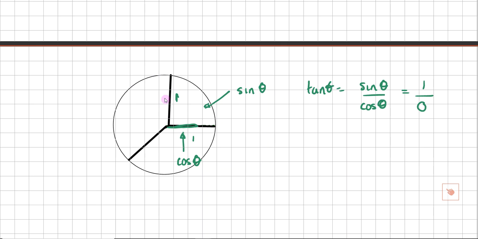Could you explain why tan of 270 is the next one that doesn't exist? Is that when it makes another full rotation? Nope. Because if you think, there's 0, there's 90. If I go on, where's 270? It's on 6 o'clock.